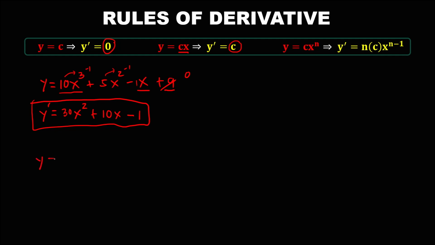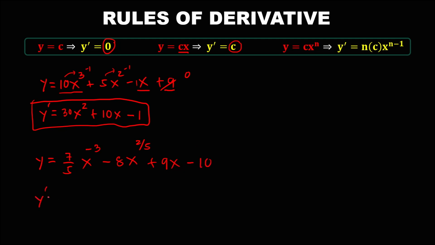So if we have this given, y equals 7 over 5, then x to the power negative 3 minus 8x to the power 2 over 5 plus 9x minus 10.